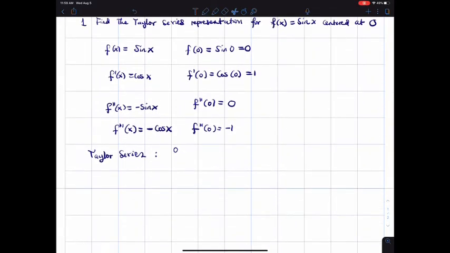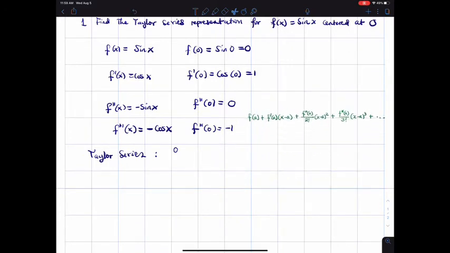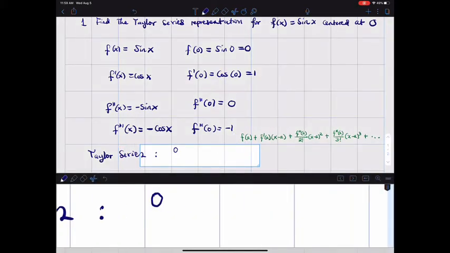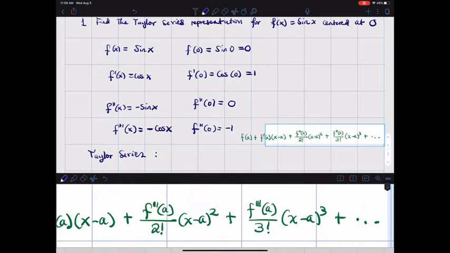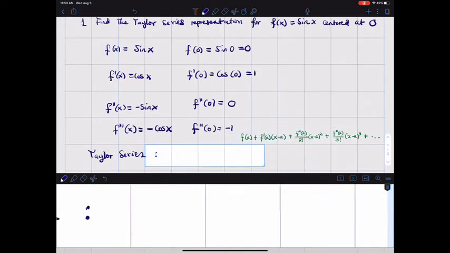This is what we're trying to achieve. So f of a is f of 0, so we're just going to have 0. f of a plus f prime at a times x minus a.